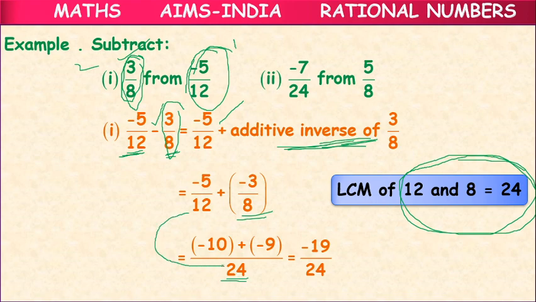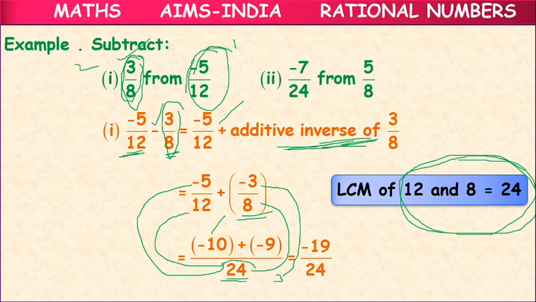12 twos are 24. With the 2 we have to multiply minus 5. 2 into minus 5, minus 10. Next, 8 threes are 24. With the 3 we have to multiply the numerator. 3 into minus 3, minus 9.